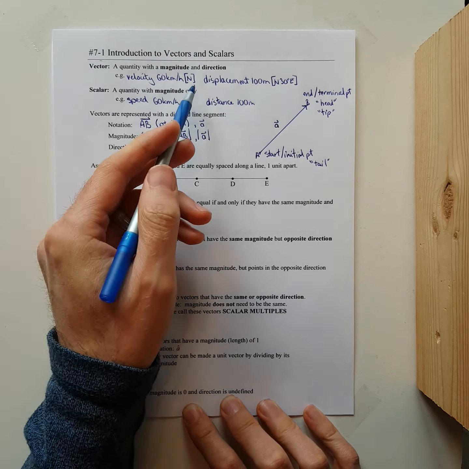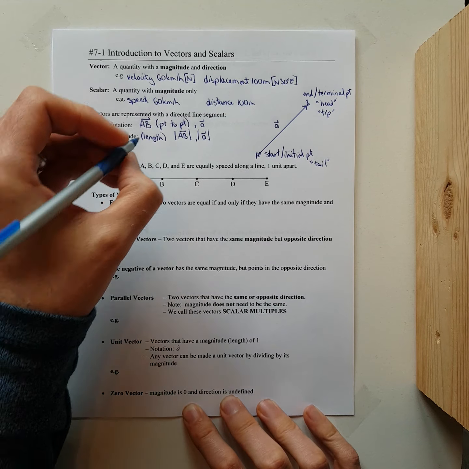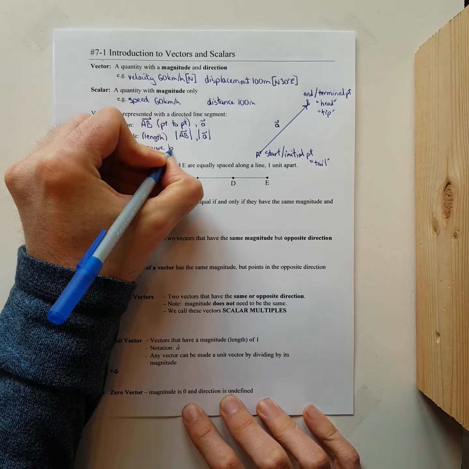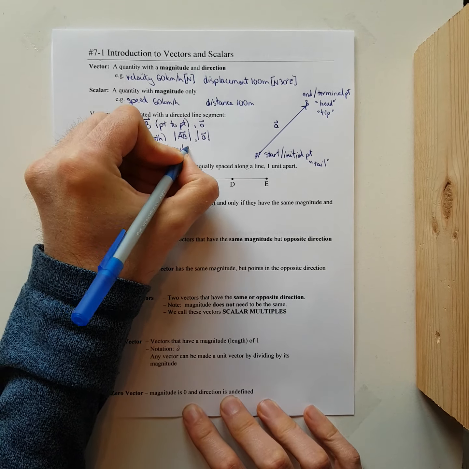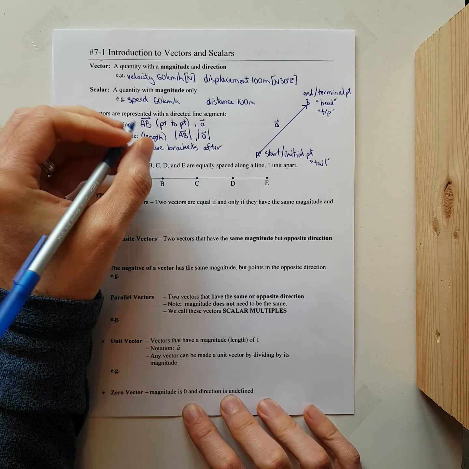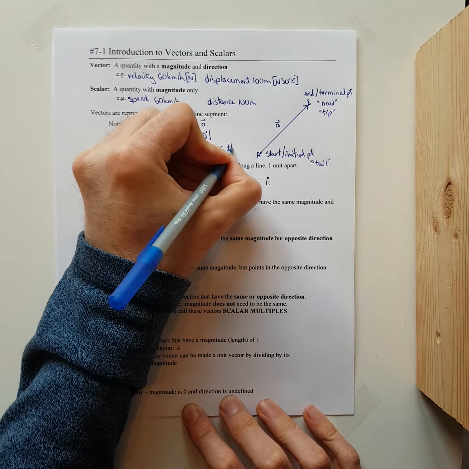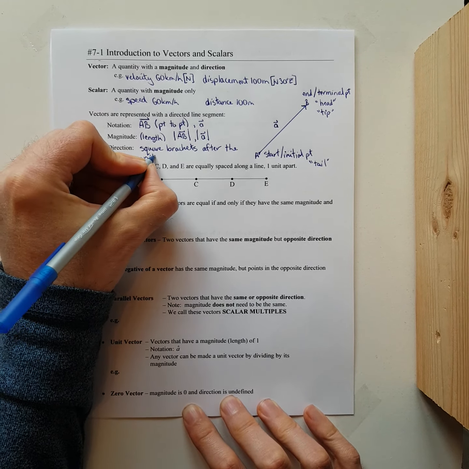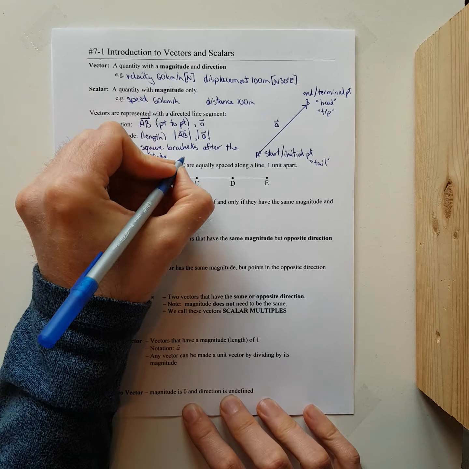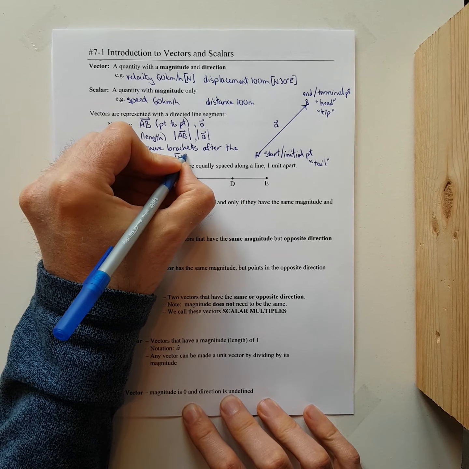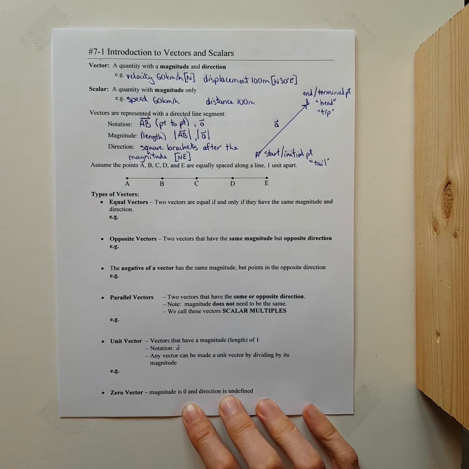And our direction, as we saw up here, we usually just use square brackets after the magnitude. In this case, it looks like roughly that direction would be something like northeast, so for our example, I'll write that in there.